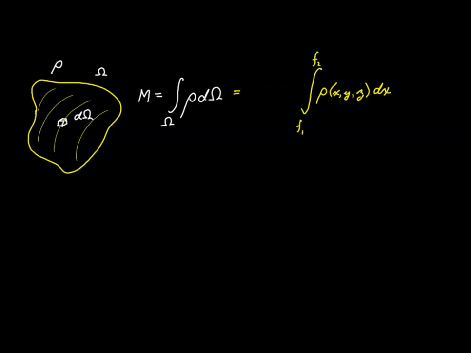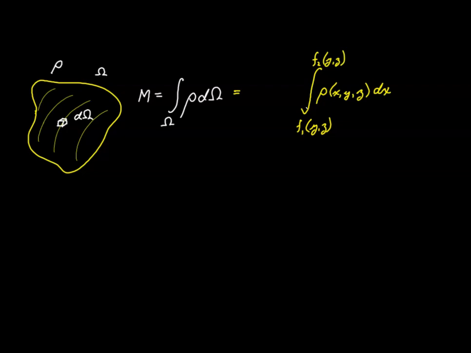Now we integrate it and we pretend that the variables y and z are constants where this integration is concerned. But the limits themselves are going to be functions of these unused variables y and z. So f1 and f2 will be functions of y and z.